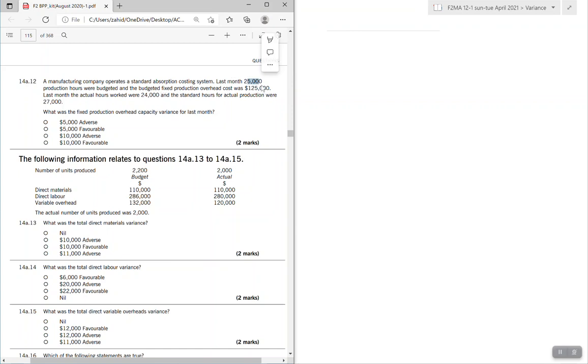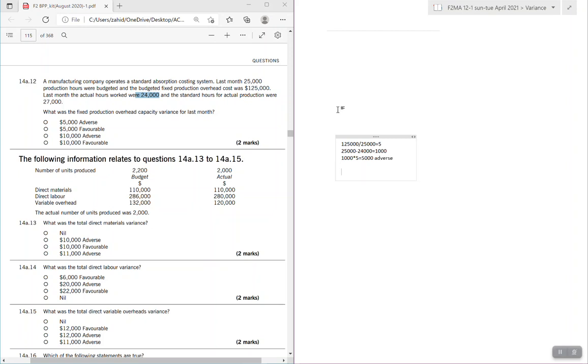Sorry, these are not units, these are hours. 25,000 hours were budgeted, and we actually worked 24,000 hours, so we have adverse. Efficiency would be favorable, but capacity would be adverse. So if we have 125,000 divided by 25,000 budget, it will give us a rate. And then take that 25,000 minus 24,000, we have adverse 1,000 multiplied by the rate, we have 5,000 adverse.